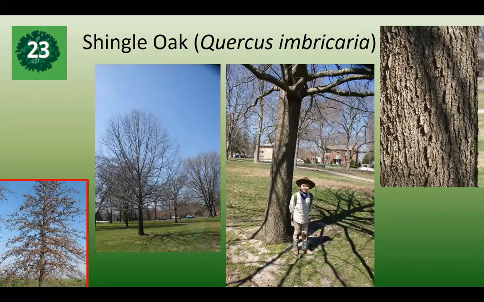But the shingle oak actually also suffers from marcescence in that it keeps those leaves all during the winter. And they have that bristle on the end that you saw when I showed you a shingle leaf when we were looking at simple leaf style. And I think I've got one in the next slide as well.